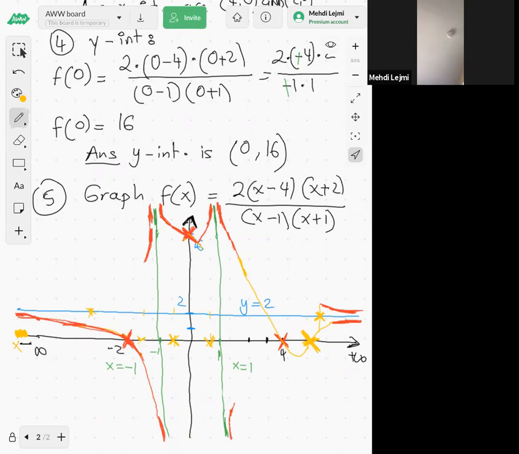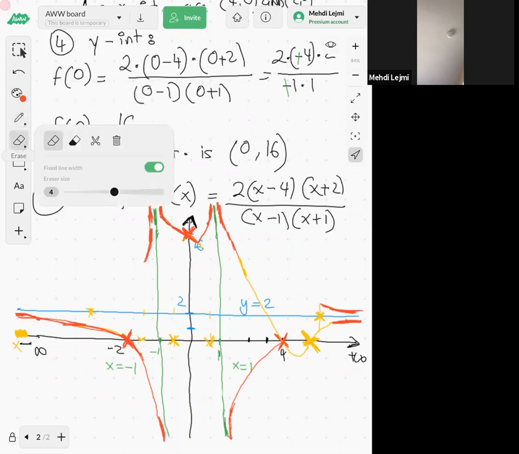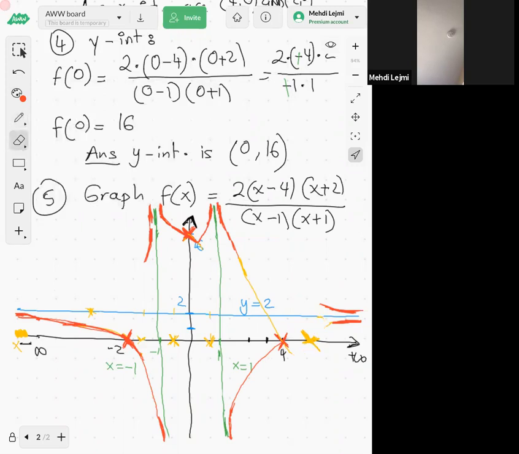So you have to start from the bottom, go all the way up to 4. And then from 4, again, there are two options. You can go below the horizontal asymptote or above the horizontal asymptote. But if you go above the horizontal asymptote, you're going to cross it when you're close to infinity.